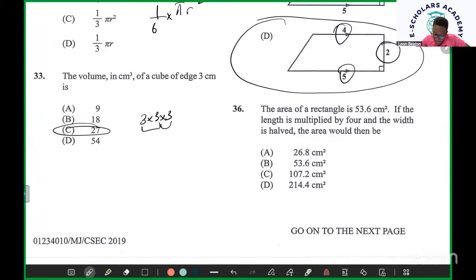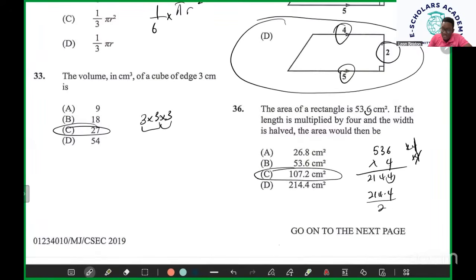So the length is multiplied by 4, so we can turn this into 536 times 4. 4 6s are 24. 4 3s are 12 and 2 is 14. 4 5s are 20 and 1 is 21. So we bring the point back in: 214.4. And then it said the width is halved, so we have to halve this as well to get the answer. So the answer there will be C.